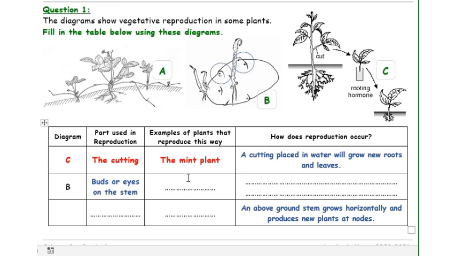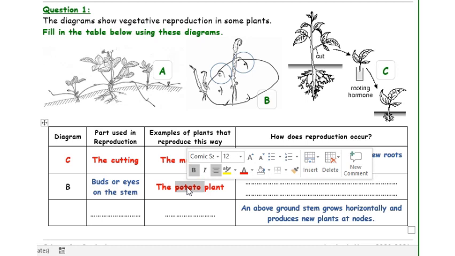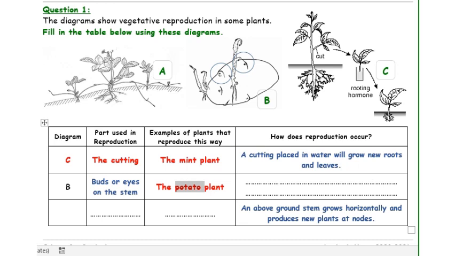So which examples of plants grow this way? We took the example of the potato plant. Since the potato is an underground stem, it actually stores food in it, and when we cut the eye or the bud of this stem of the potato and we plant it in the soil, it will grow into a new plant.